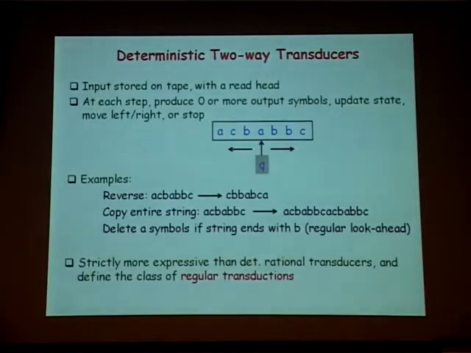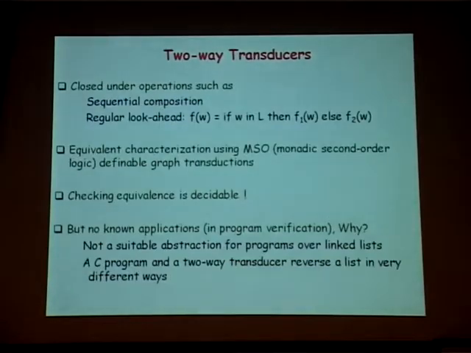So this class of transducers is called regular transducers. So the functions that you can implement using two-way transducers, that's known as regular transductions. So everyone knows about regular languages. Not many people know about regular transductions, but it's a reasonably well-studied class. So in particular, there is a nice characterization of these regular transductions using what are called MSO-definable graph transductions.